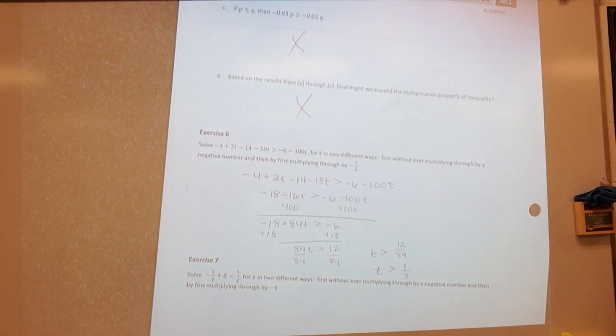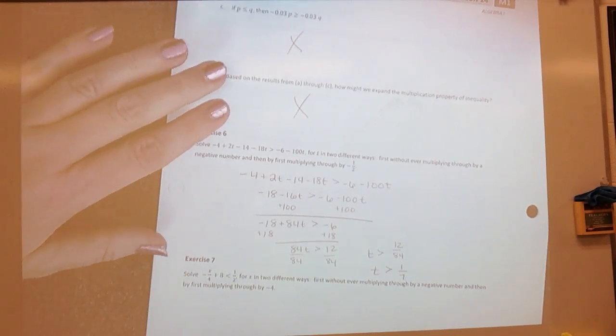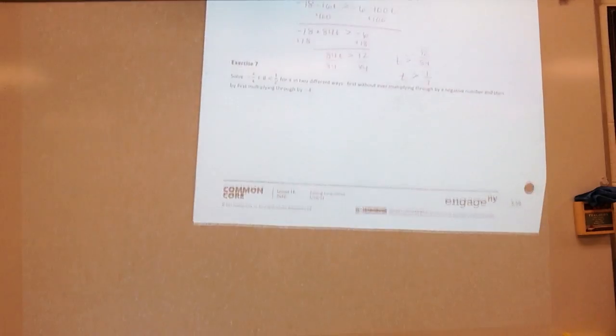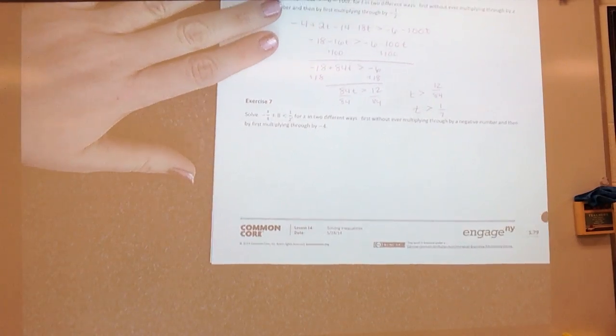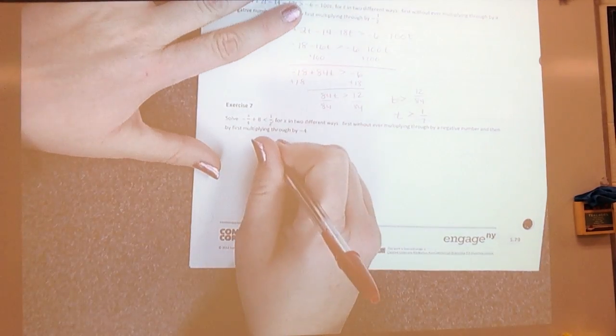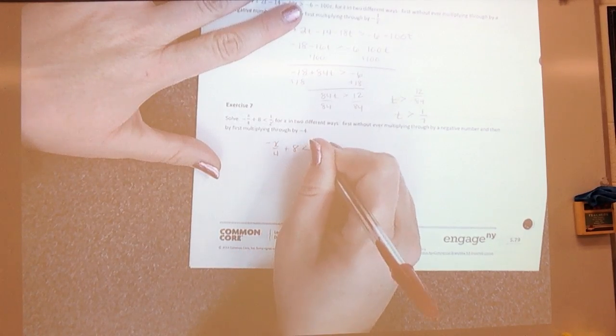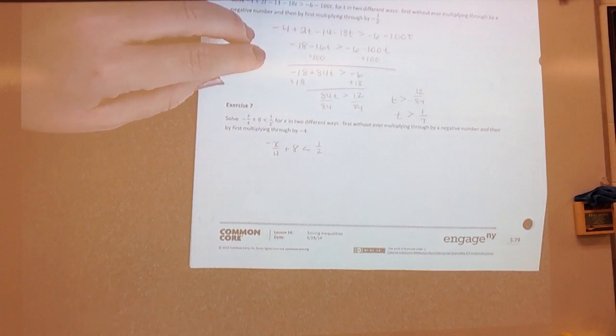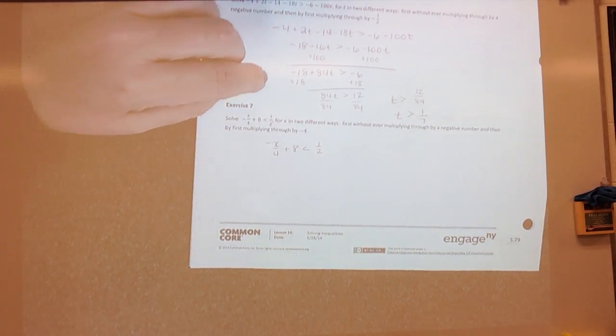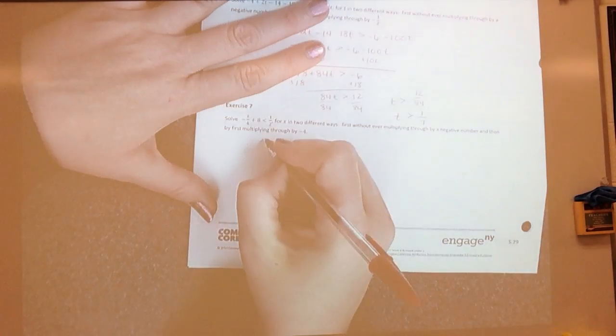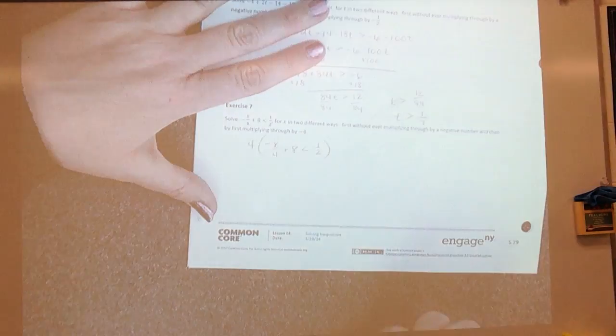All right? Let's look at the last problem. Like I said, I'm at the point that I'd much rather just know that you can solve these. So negative x over 4 plus 8 is less than 1/2. I would go ahead and multiply through by a common denominator. So I'm going to multiply everything by 4.